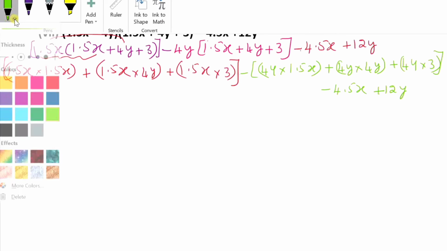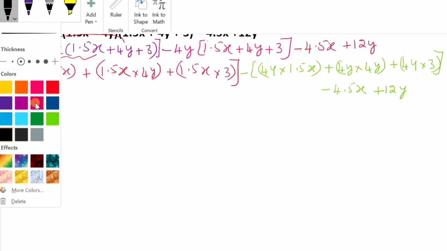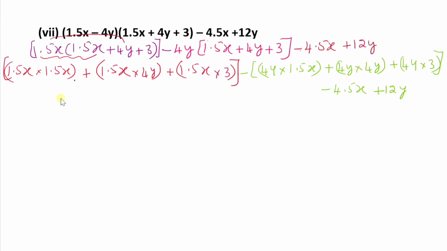Now I think it is easy to find the product because you are familiar with the product of two monomials. Now 15 square you know. You have learnt about squares and square roots. That's why 15 square is 225.